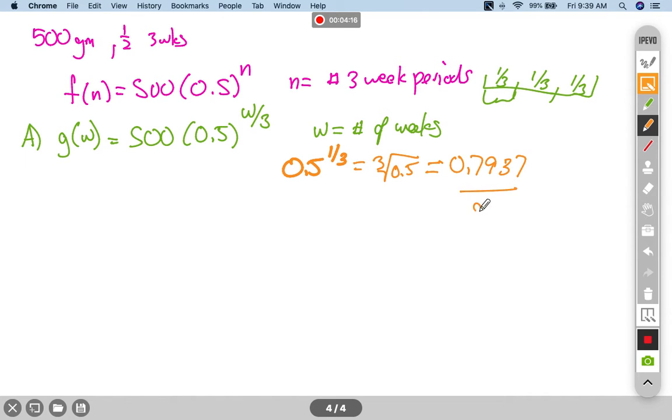So this would be the growth factor for 1 week. So we could instead make this function 500 times 0.7937 to the weeks, and now I don't have that fraction involved there. Either one of these equations, either one of these functions would work to answer part A.